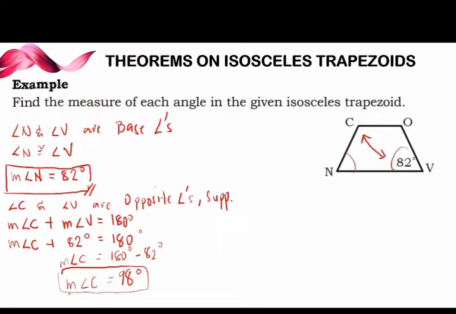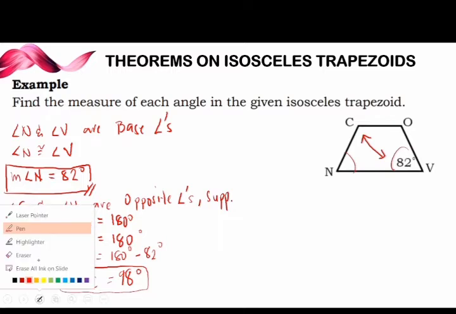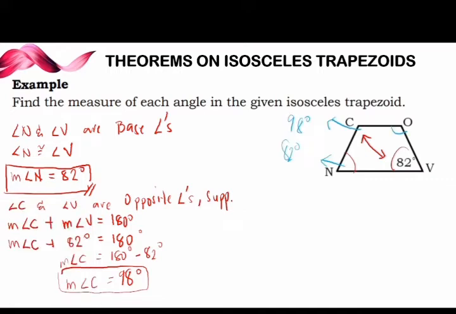Now, angle O. So, let's list the measures, no? Angle N is equal to 82 degrees. And angle C is equal to 98 degrees. So, we have to find the measure of angle O. Angle O and angle C are base angles, right?